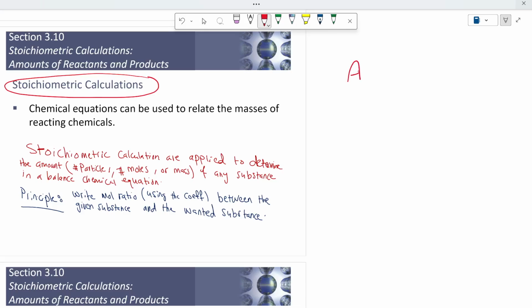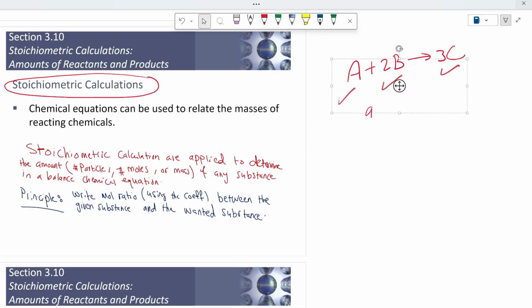If we have a balanced chemical equation, 2A plus 1B produce, let's say, 3C, any question that asks you to determine the amount of A or B or C is a stoichiometric problem, and you should apply the stoichiometric principle.